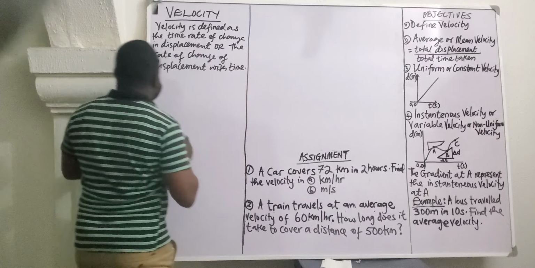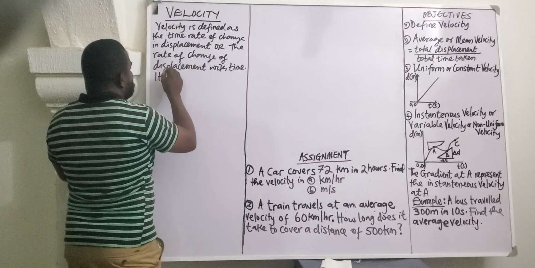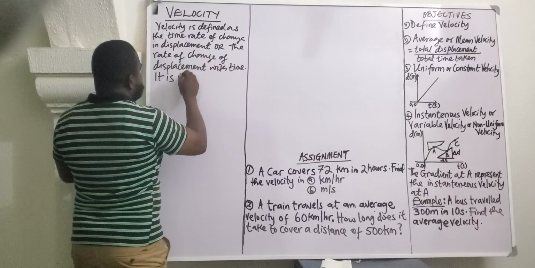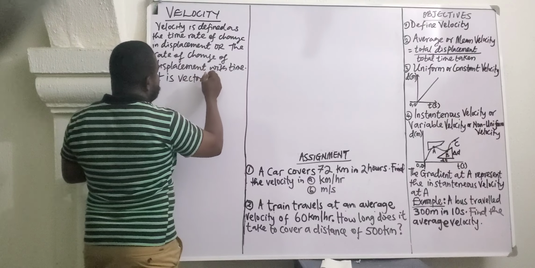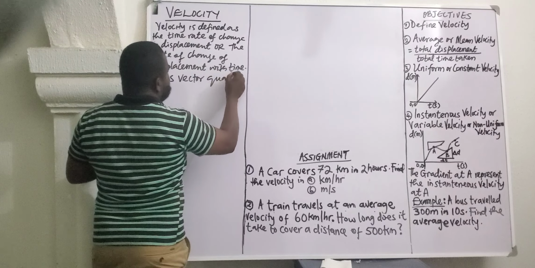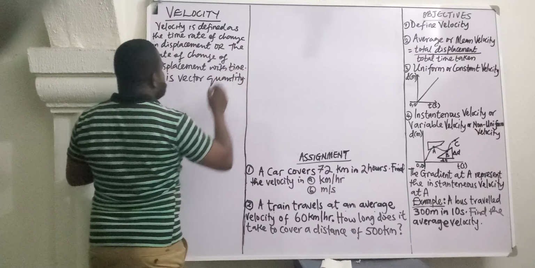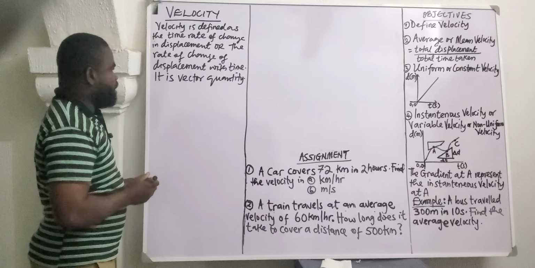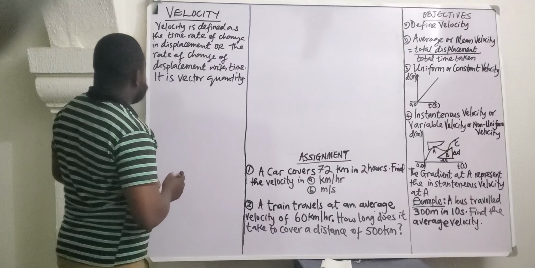And I said it is a vector quantity. Velocity is a vector quantity, meaning it has both numeric value and direction.